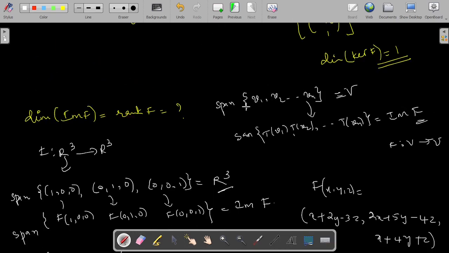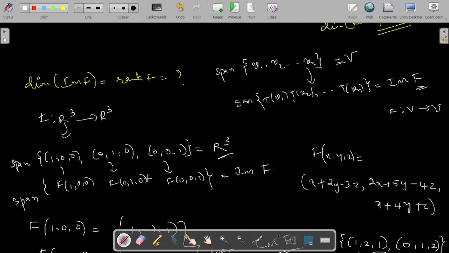You have to make use of this proposition: if a set spans the space V, then the image set of those spanning set vectors will span the image of the given transformation. So you can always go with the standard basis here, because the standard basis not just spans the space, it is linearly independent as well.